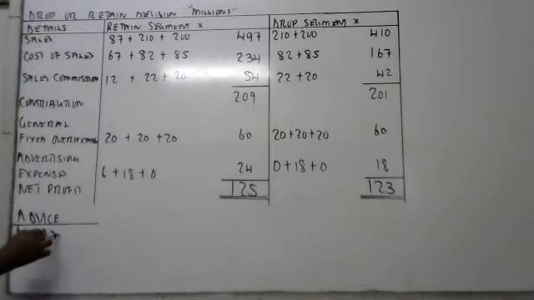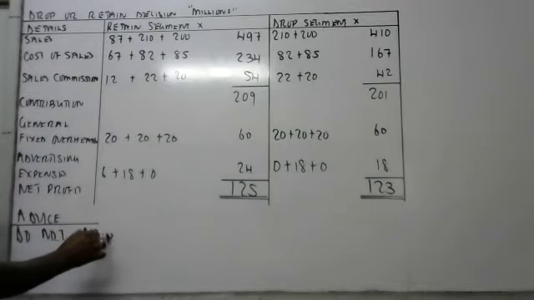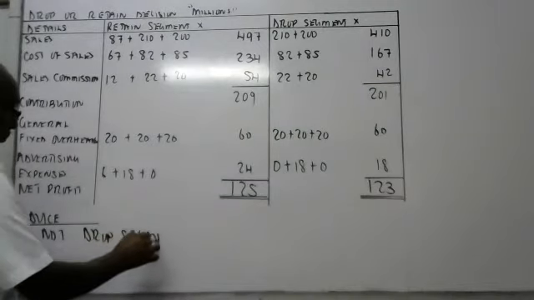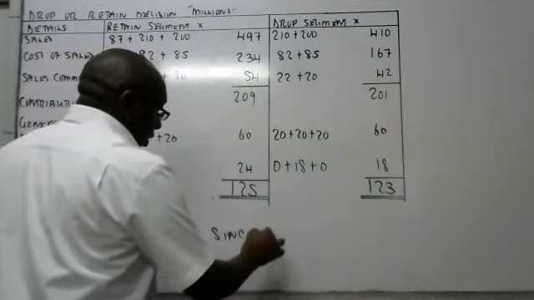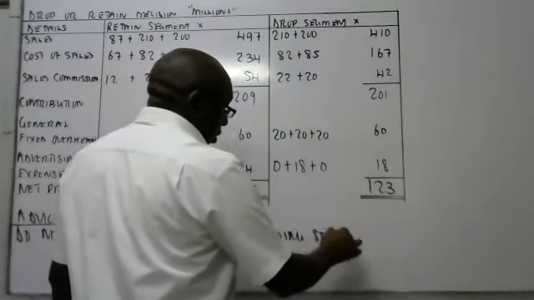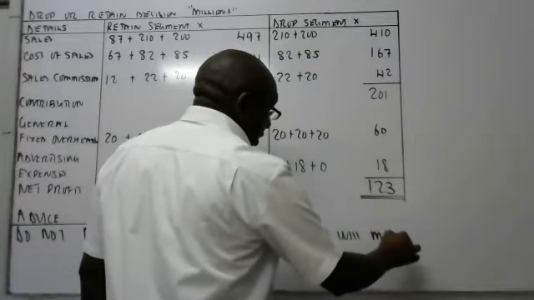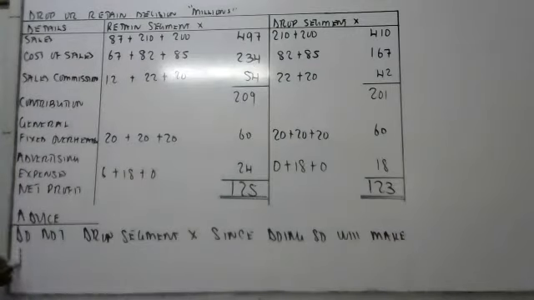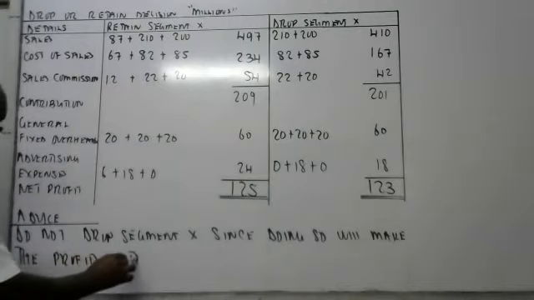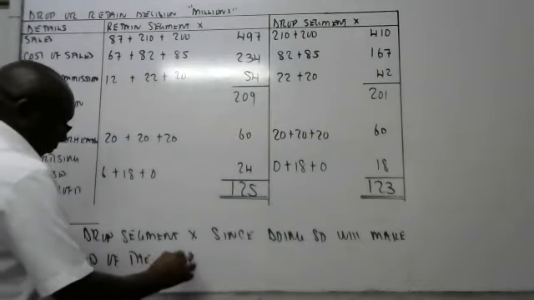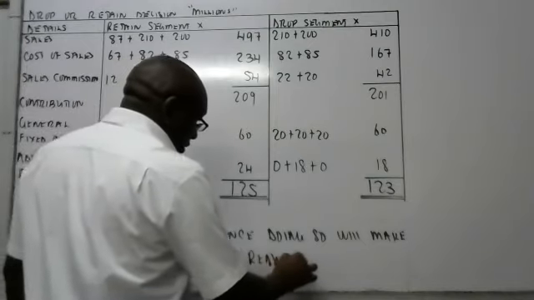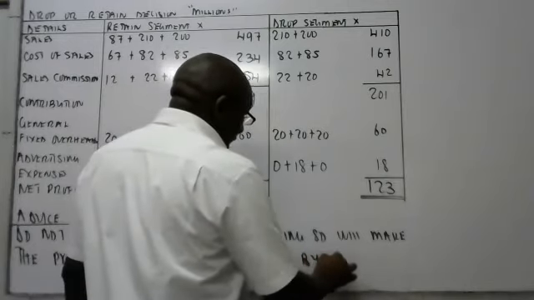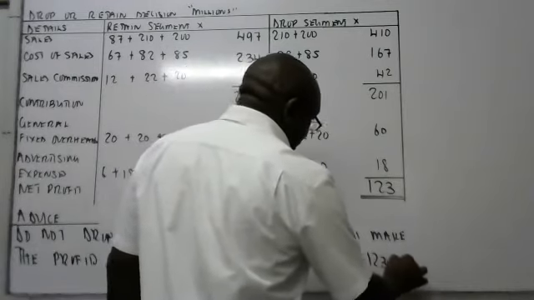Do not drop segment X, since doing so will make the profits of the company reduce by 2 million. 125 minus 123, which is 2 million.